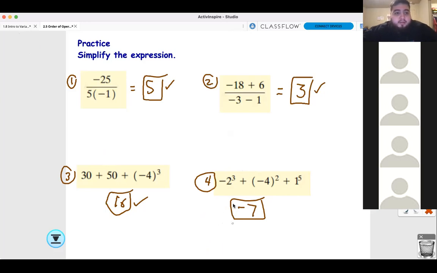Just waiting for other students' feedback for practice problem number 4. Number 4 is the only one I haven't heard agree or disagree with -7, class.